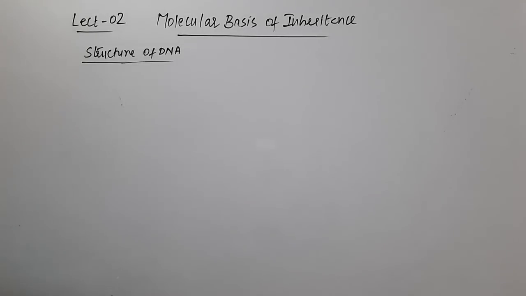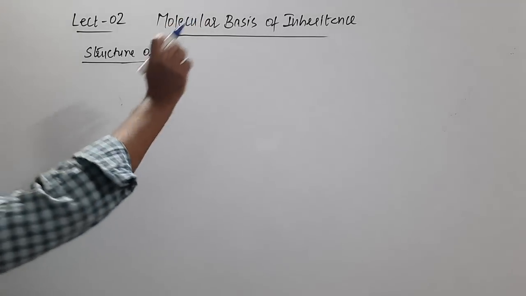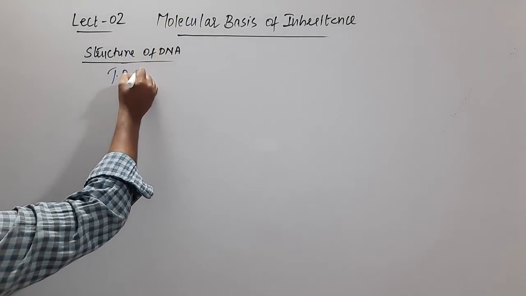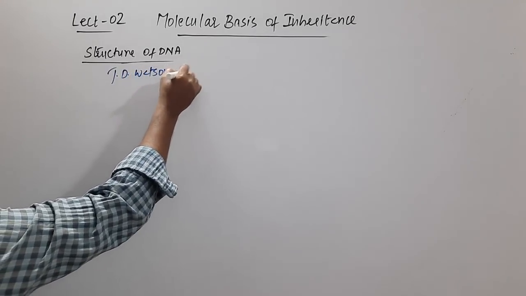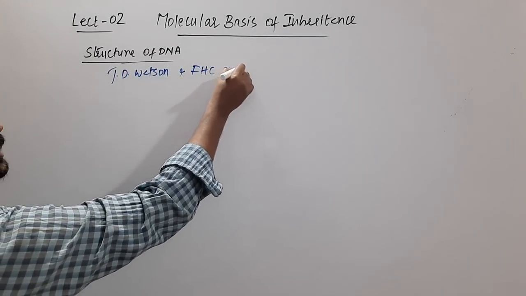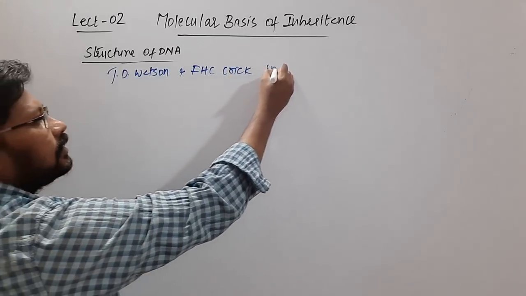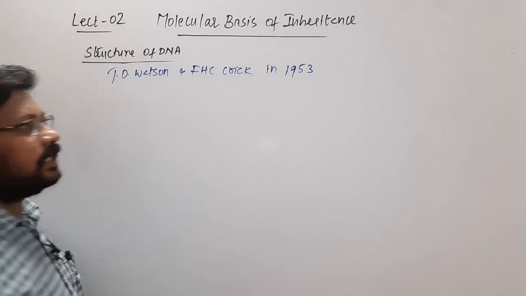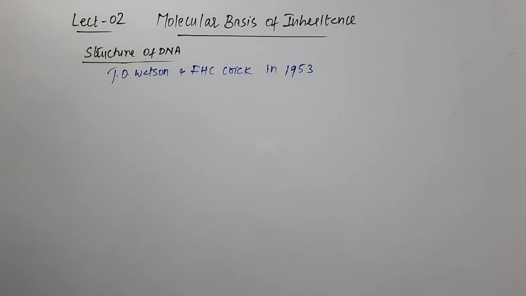So the detailed structure of the DNA molecule was given by two persons, J.D. Watson and F.H.C. Crick, in 1953. Both of them together gave the structure of the DNA molecule.